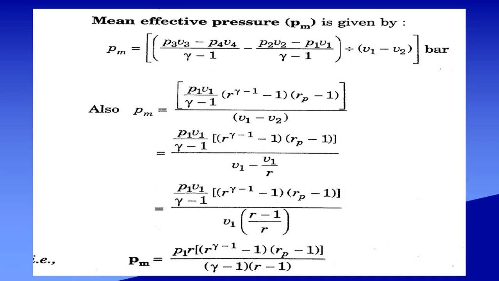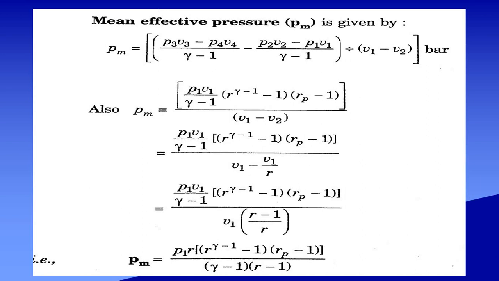So most probably you may not be able to remember this formula. So in those times you have to use the definition and arrive at this formula. That is, mean effective pressure is nothing but the ratio between work done and the stroke volume.